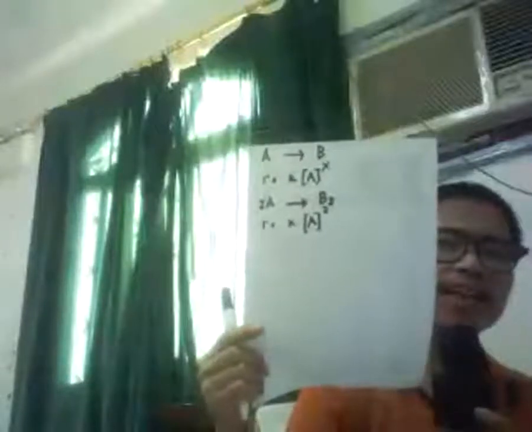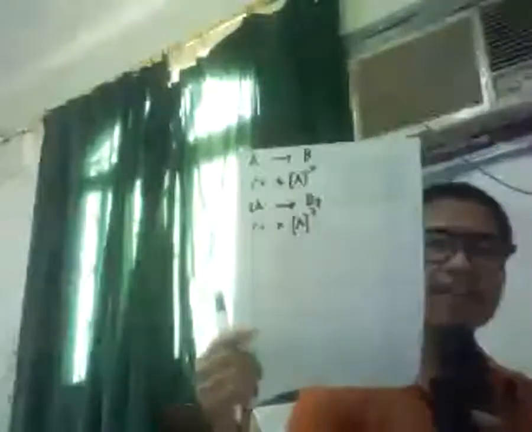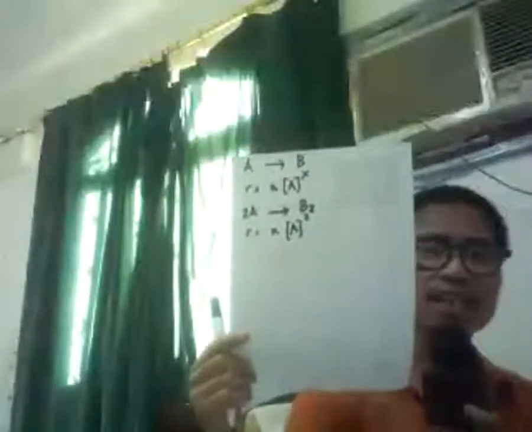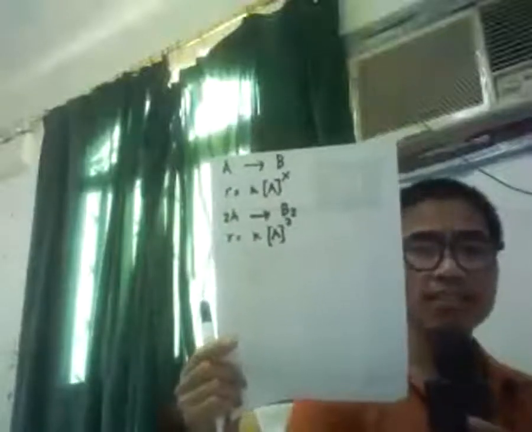So our rate law, or rate of chemical reaction, R is equal to the rate reaction constant, small k, times the concentration of A raised to the power 2. So our reaction order n or x is equal to 2 with respect to A. This is in case we have only one reactant to produce the product. This is the rate law.